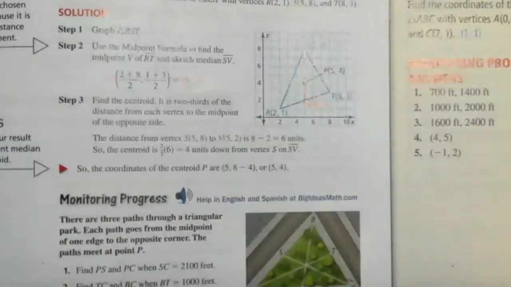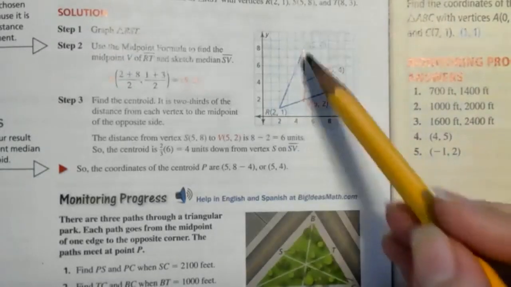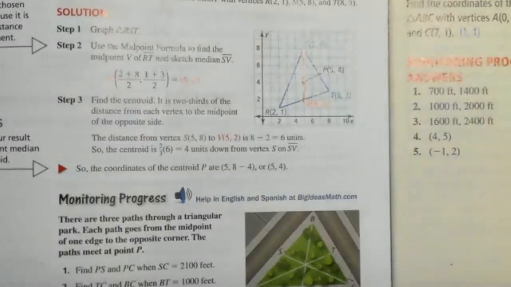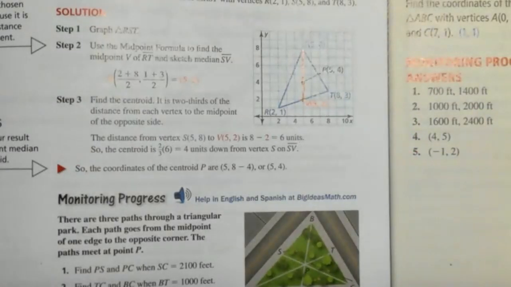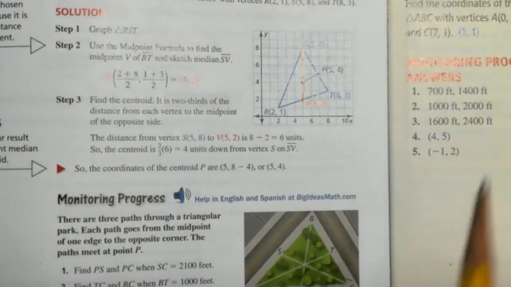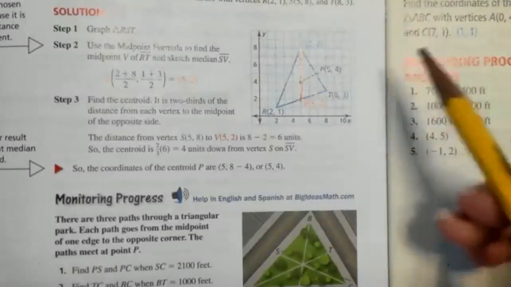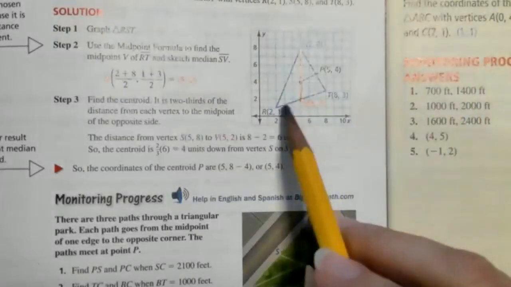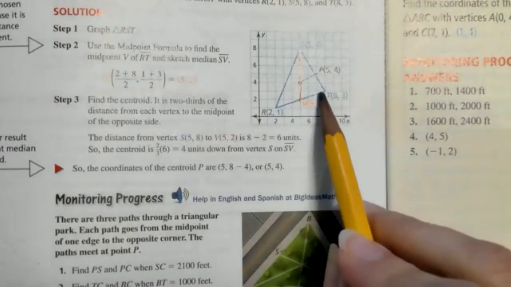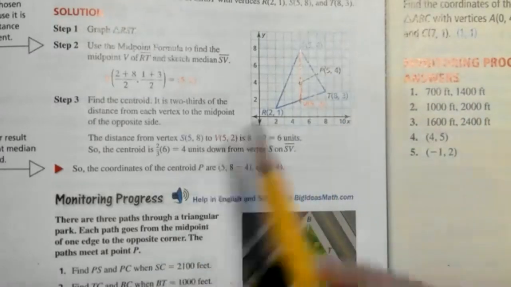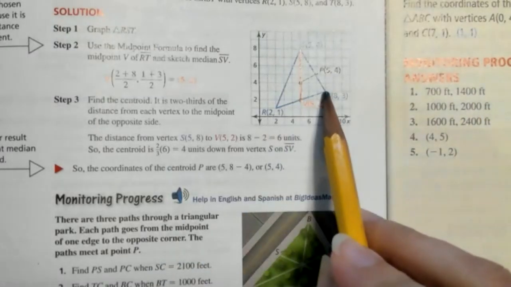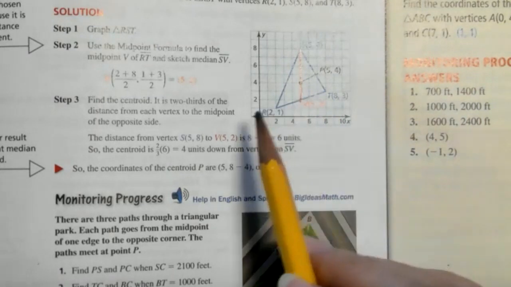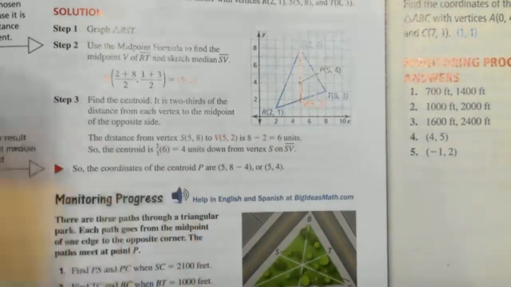Okay, so if we have one in the coordinate plane, they've given us this blue triangle. First, we have to find the centroid. So we're going to pick a side and find the midpoint of our side. How do we find the midpoint of a line in the coordinate plane? We use the midpoint formula. Yes, correct.